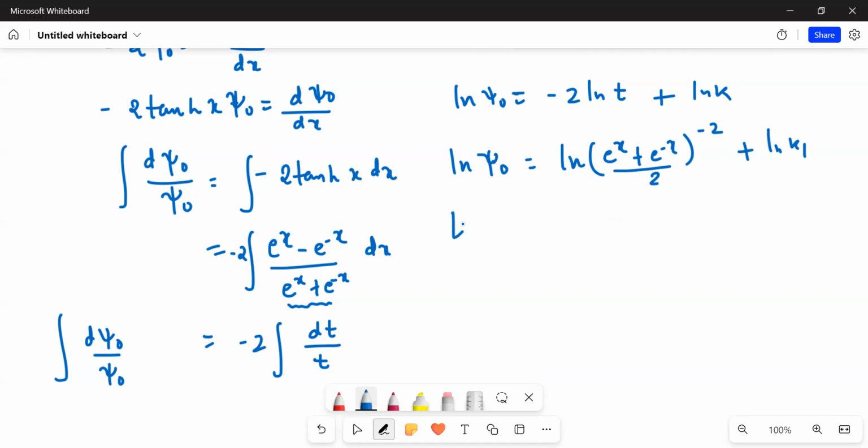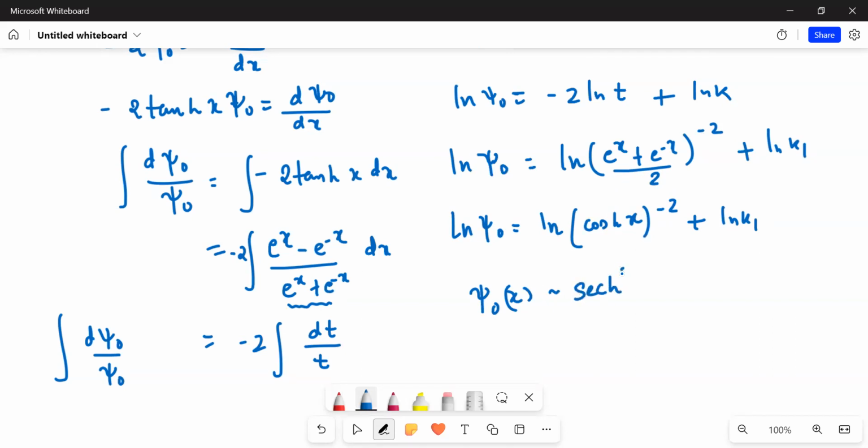So ln psi naught is equal to ln of cos hyperbolic x raised to power minus 2 plus ln k1, which implies that the ground state wave function would be of the form of sec hyperbolic square x. Some constant would appear, but I'm not interested in that. I'm interested in the form of the wave function, which is dependent upon sec hyperbolic square x.